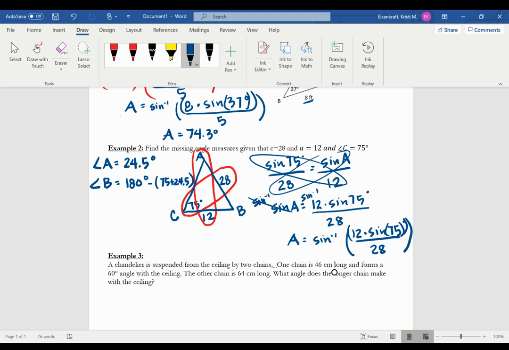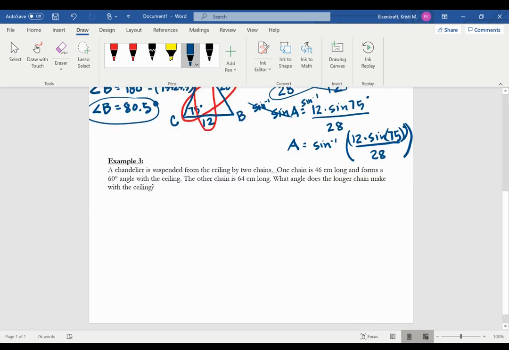Oh, I think I got 80.5 degrees. Okay, done with that one. I didn't ask for side B, so we are good. We found angle A and angle B. And all three should add up to 180, and they do.